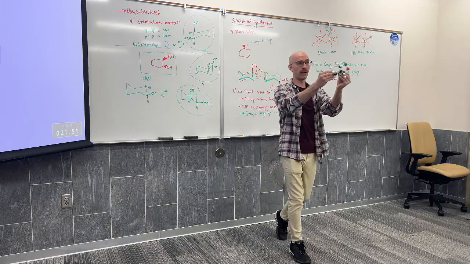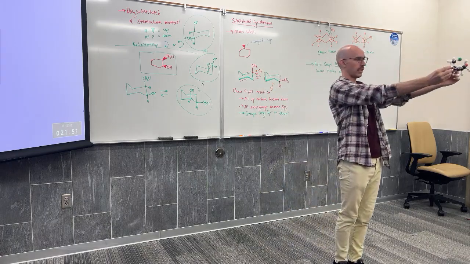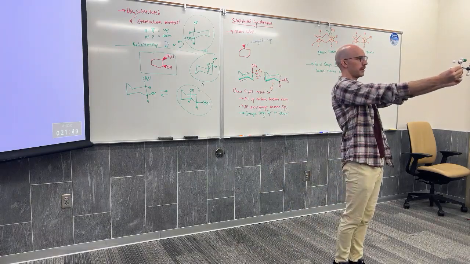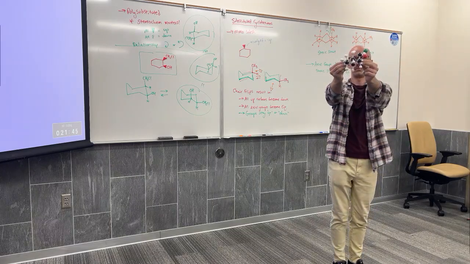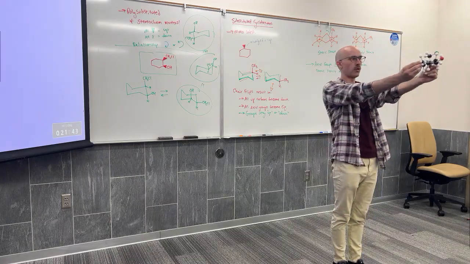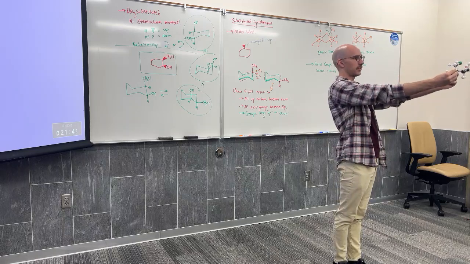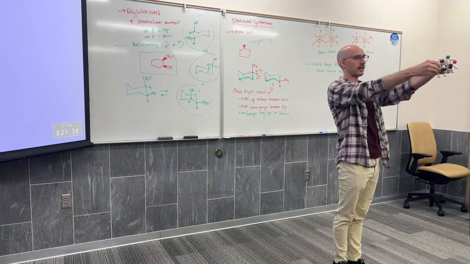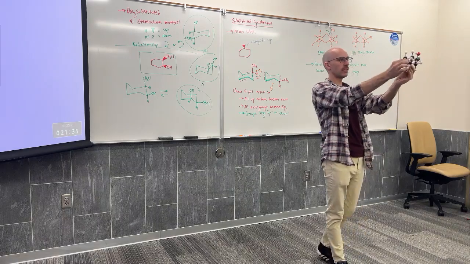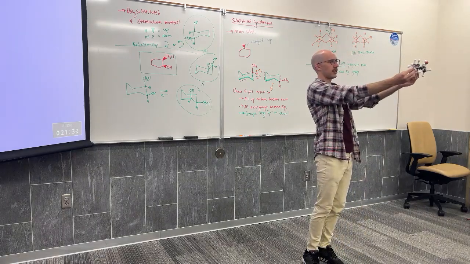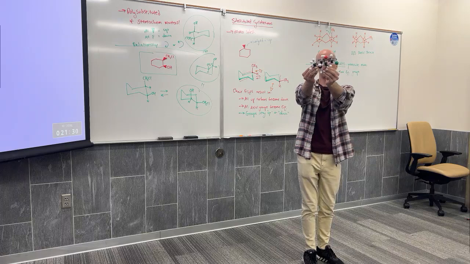Here's another thing I want to add. Look at this Newman projection. What do you notice about the OH and the CH2Cl? They're gauche to each other. They create additional steric strain. Now let me flip this again. What do you notice about the OH and the CH2Cl?